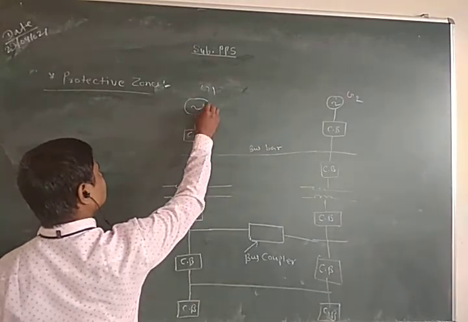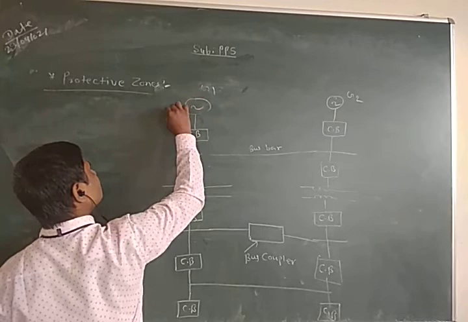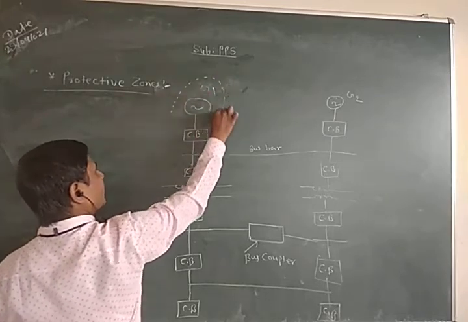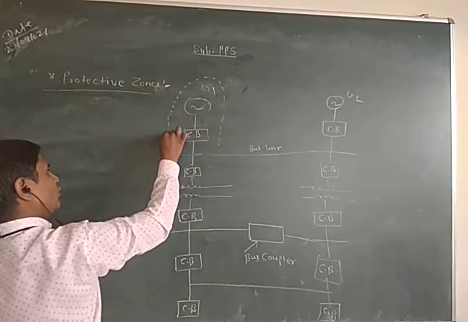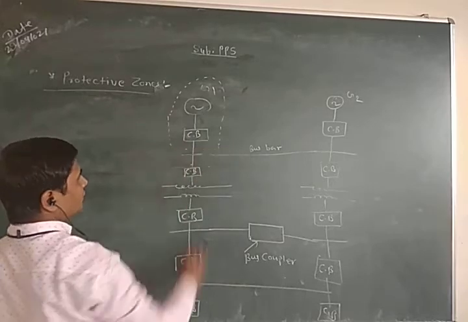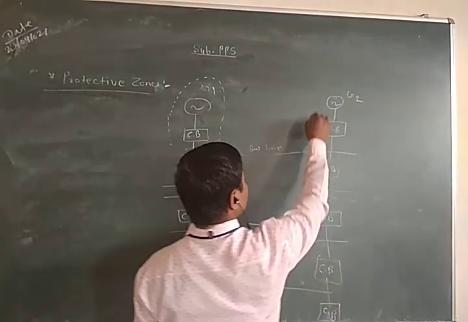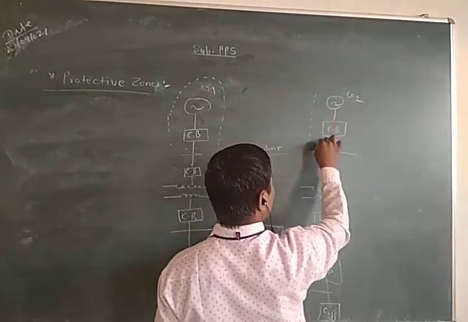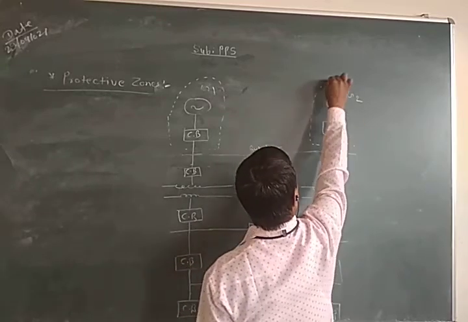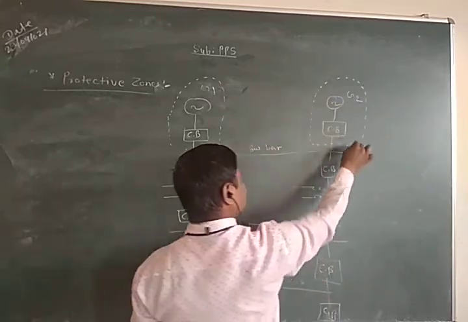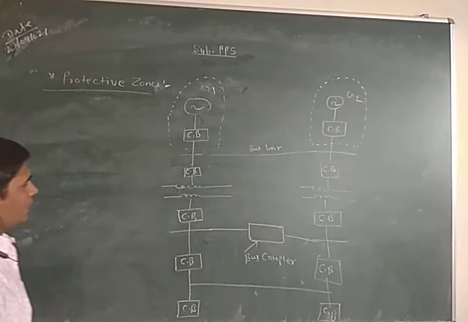To protect the generator, we use a circuit breaker, so this is the protection zone for the generator.